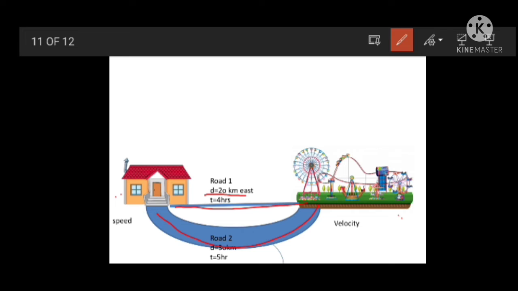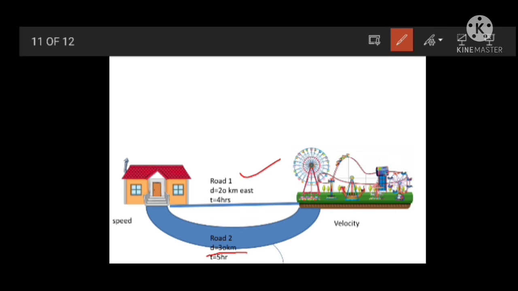If you are traveling through road 2, you have to travel a distance of 30 kilometers. These are your two options. Now tell me which road you will choose. Yes, definitely you will choose road 1 because through road 1 you have to travel only a distance of 20 kilometers and you will reach there soon.